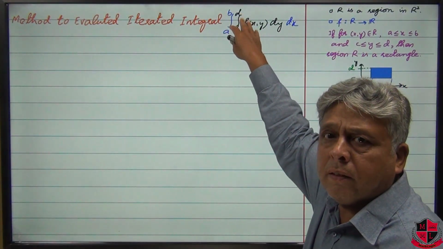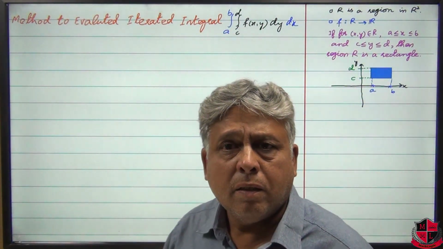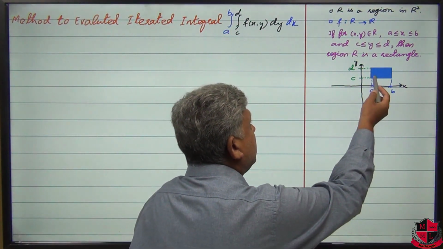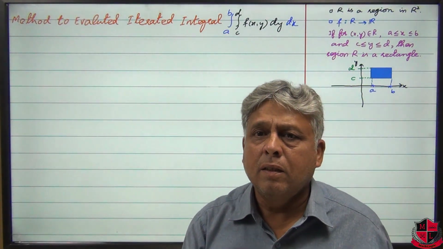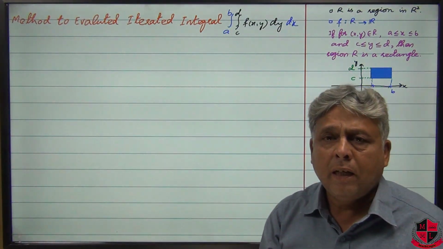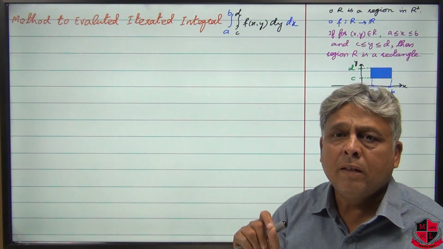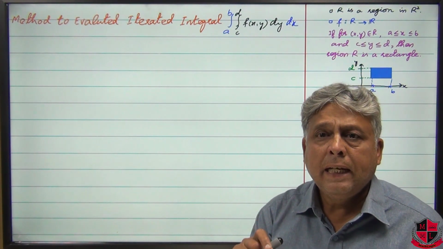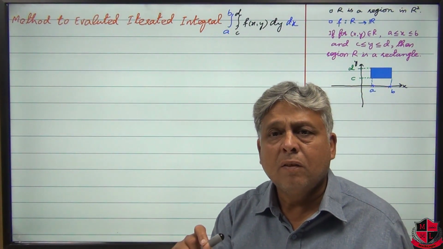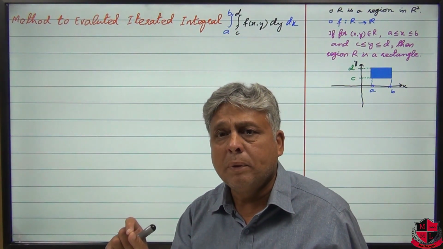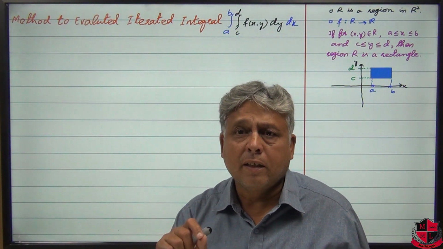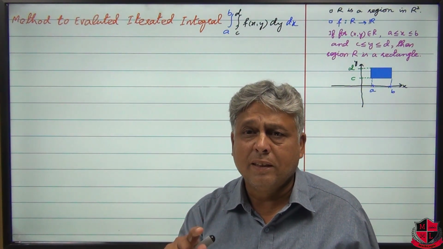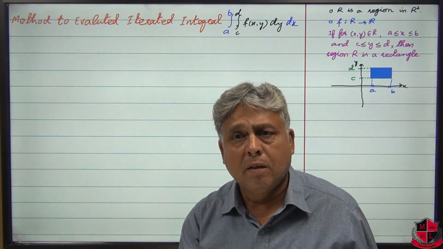Here, the region of integration, the domain of the function f of xy, is a rectangular region. In today's lecture, we are defining the iterated integral when the domain of the function f is a rectangular region. In general cases, when the domain is a general domain, not specifically a rectangular region, how the iterated integrals are solved, we shall discuss in future lectures.